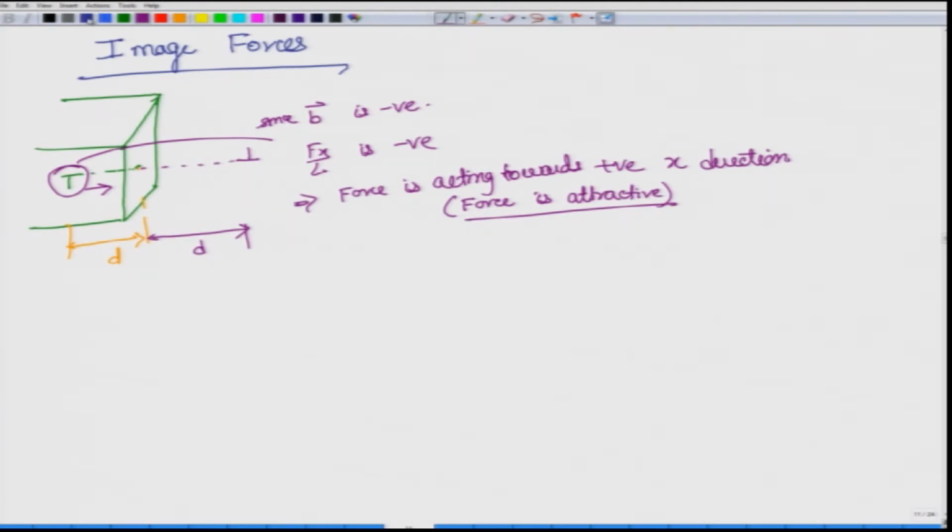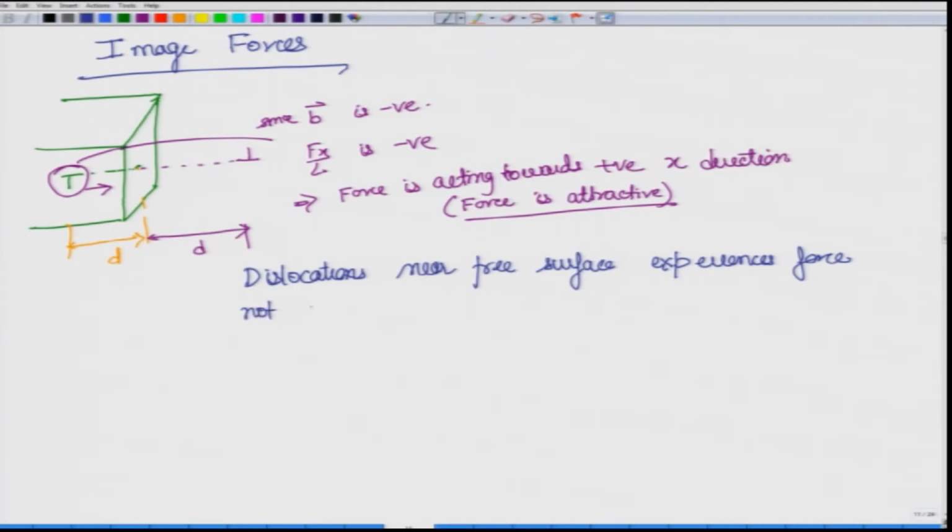So, in words what we can write is that dislocations near a free surface experience a force which is not encountered in the bulk, which pulls them towards the surface.